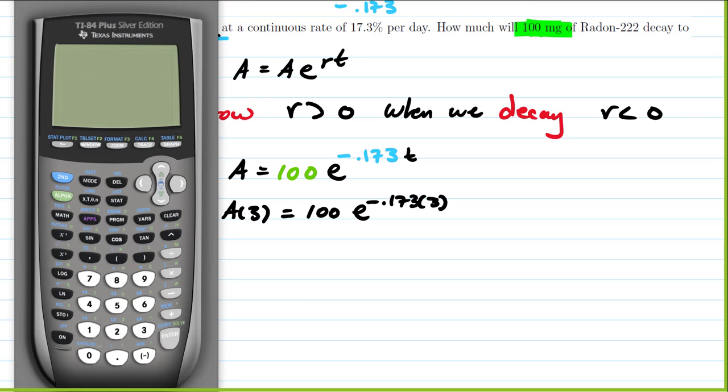So then we put that into our calculator, 100. And it's worth noting our calculator has a separate e button for when we want to put an exponent on it, because it happens so often.